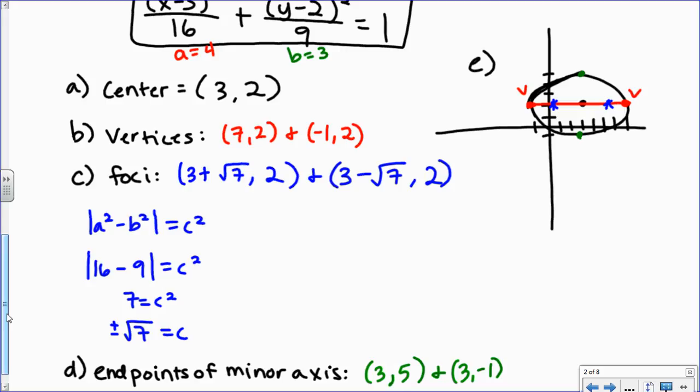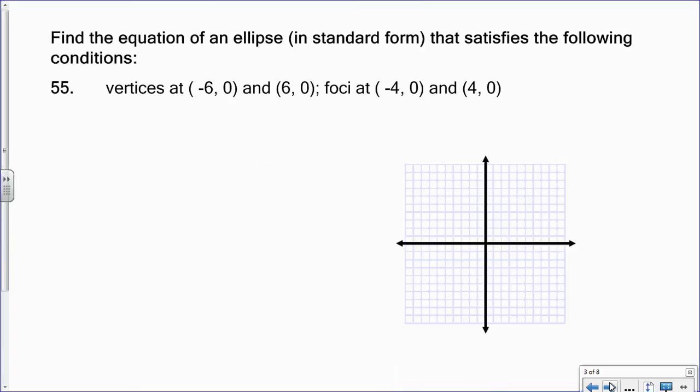Okay. Now we're going to work backwards, and we'll be given some parts of the ellipse, and we want to write the equation. So I have to put these on a graph to be able to determine what I'm given.